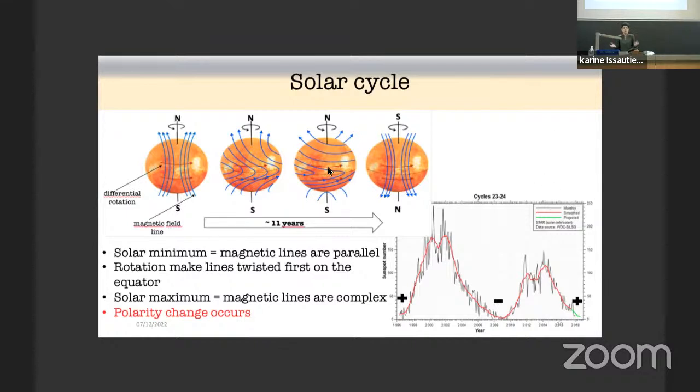There will be a lot of solar activity, and at one point this magnetic field will be so complicated that it will flip and change polarity, and after that it again goes to the minimal phase, and so on. So this process of flipping is 11 years long. So we wanted to see, since we basically have the 23rd and the 24th solar cycles for Wind, whether it is correlated to what we can see in the data.